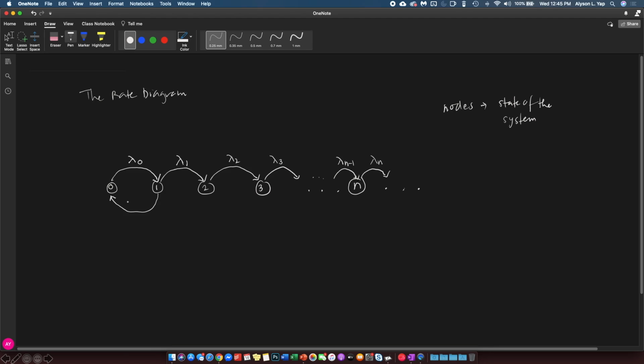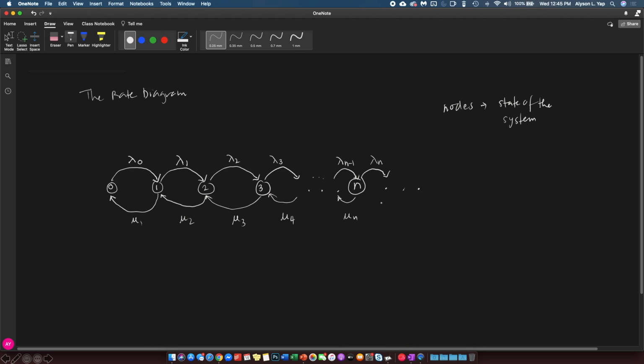Without taking into consideration other factors, this means that a customer was served, and therefore that served customer left the system, and therefore this is mu sub 1. From 2 to 1 is mu sub 2. From 3 to 2 is mu sub 3, mu sub 4, so on and so forth.